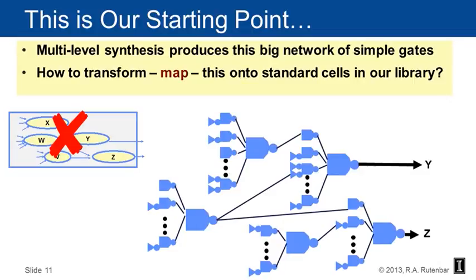This big network that I'm highlighting on the page here, this is what we start with. This is what we're going to map. And the big and interesting question for us is, algorithmically, how do I transform this big network of NAND gates and inverters? How do I map this thing onto the standard cells in our library in some optimal way?